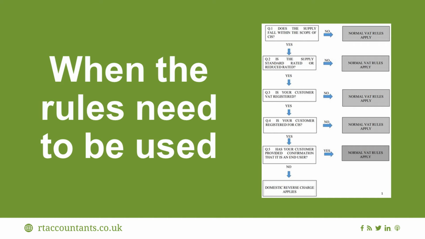Question 4. Is your customer registered for CIS? If you were to do work for a shopkeeper, it's very unlikely your customer would be registered for CIS. But if a contractor were to engage you as their subcontractor to do work for a shopkeeper, the contractor would be your customer and they should be registered for CIS.